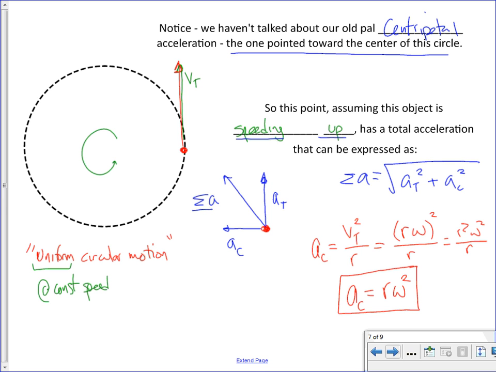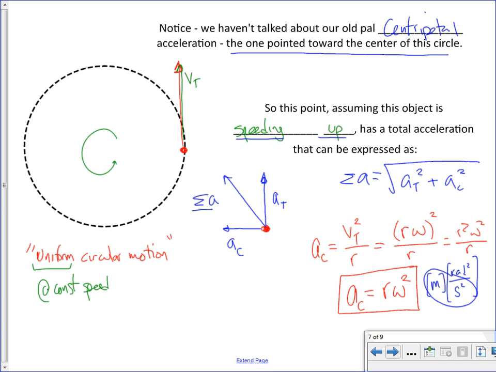And look, the units still work out, right? Because R is in meters and omega squared is radians squared per second squared. But radians aren't a real unit. They're just a way of expressing angular displacement. So yep, meters per second squared still works out for acceleration.